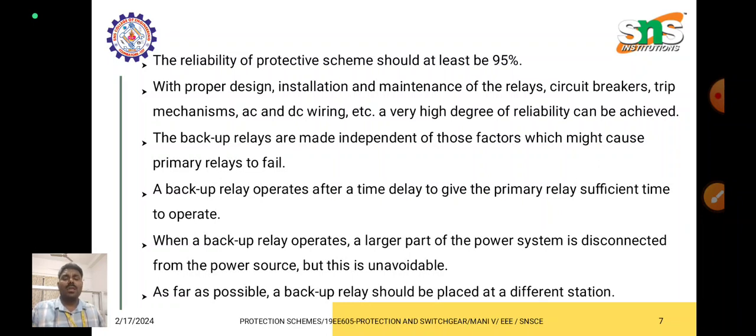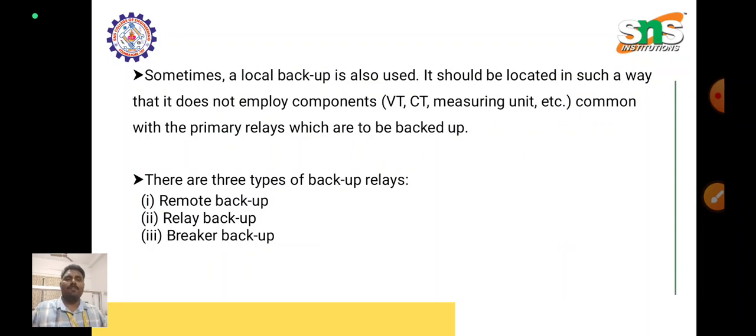If the primary relays fail to operate, without any time delay the backup relay should immediately come and clear the fault. Otherwise, the entire system may be damaged. Sometimes a local backup is also used for the clearance of faults.